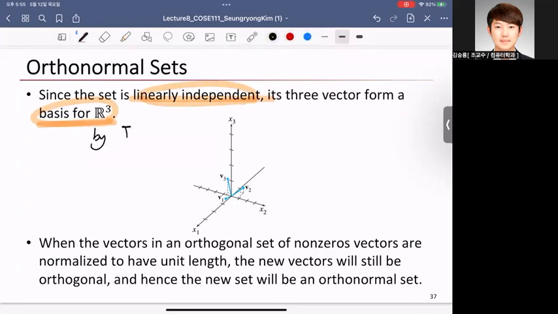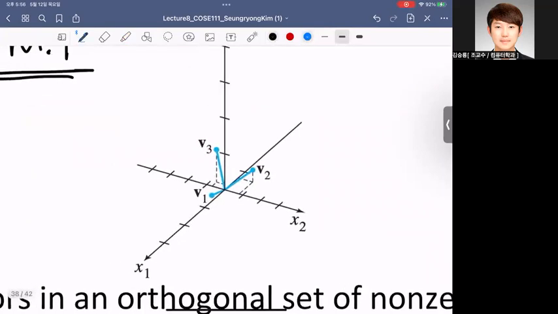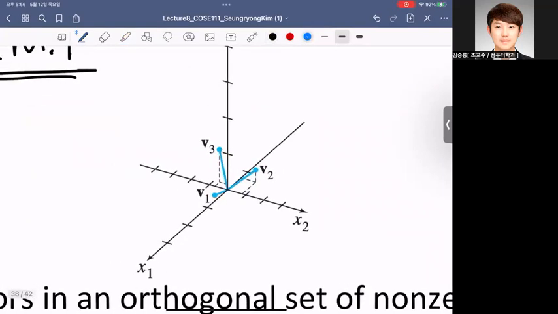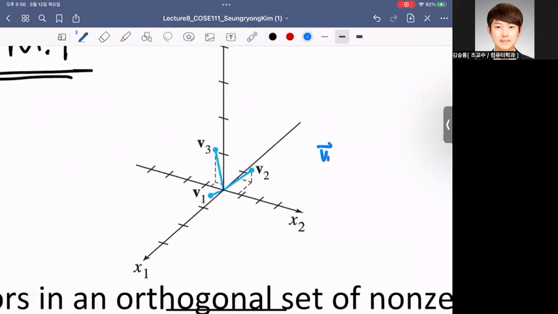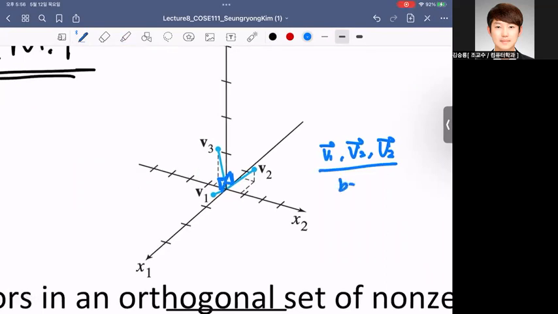By the invertible matrix theorem, 그렇죠? 이거에 의해서 얘네가 베이시스가 된다라는 거예요. 그래서 V1, V2, V3가 무슨 얘기냐? 방금 말한 그 성질에 만족하는, 그러니까 길이가 1이고 걔네들이 다 올소고날한 애들, 각각이 직교한다는 거예요. 이렇게 생긴 애였으면 이게 베이시스다.